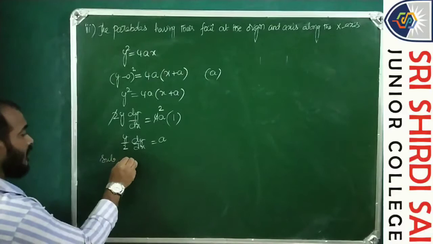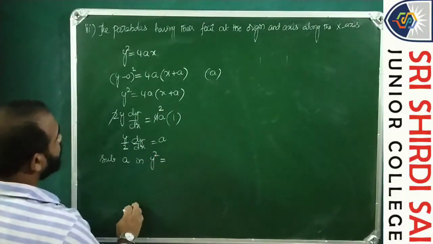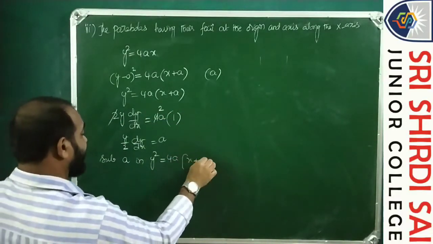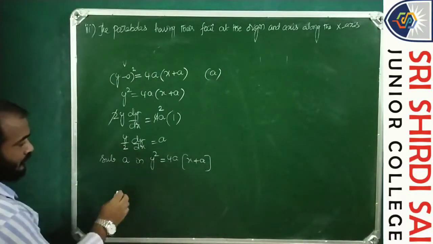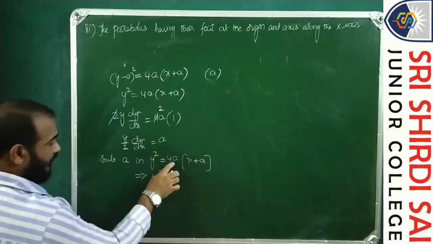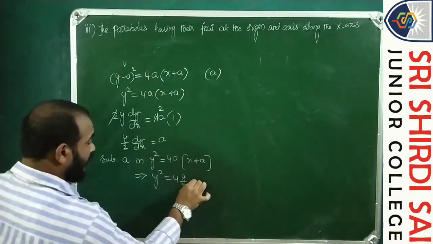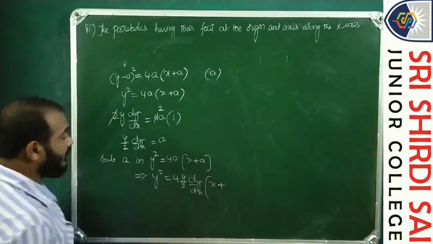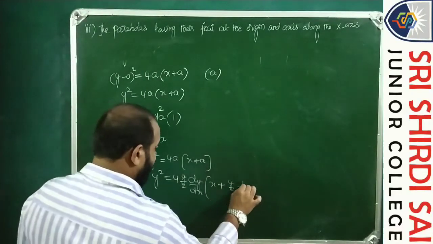Y by 2 dy by dx is equals to a. Substituting a in y square equals to 4a into x plus a. So y square is equals to 4 into the value of a, which is y by 2 dy by dx, into x plus the value of a, y by 2 dy by dx.